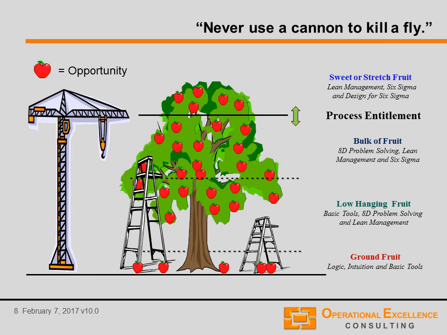Those are two more advanced methodologies that, together with the 8D problem solving process, enable organizations to solve all kinds of problems they may face, or to make different types of improvements. We don't have the time to look at the other methodologies, but we also have e-learning solutions around them. So let's focus here on the 8D problem solving process, which is really the foundation for lean management and also Six Sigma.